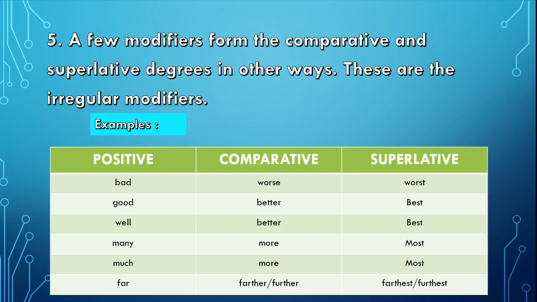Let's start with well. Well will become better, best. Many, more, most. Much, more, most. And lastly, we have the base form far, which will become farther or further. And in superlative form, we have farthest or furthest.